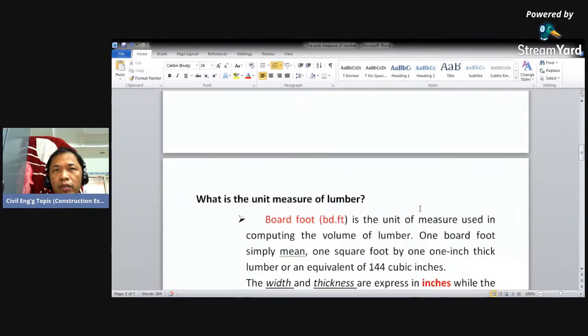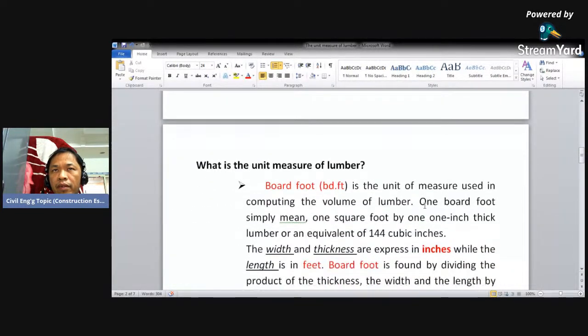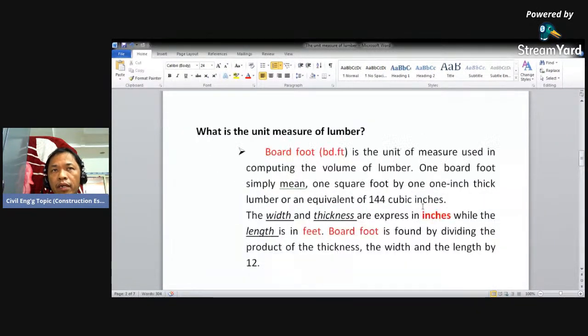What is the unit measure of lumber? So the unit measure of lumber is board foot. This is the unit of measure used in computing the volume of lumber. So hindi cubic meter. In cubic meter, that is concrete.